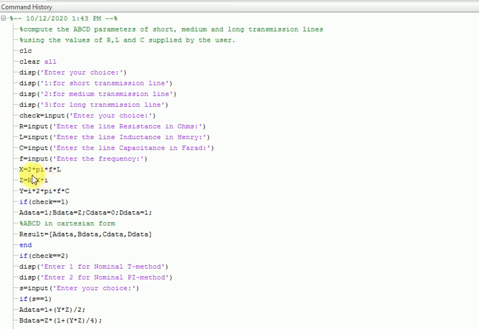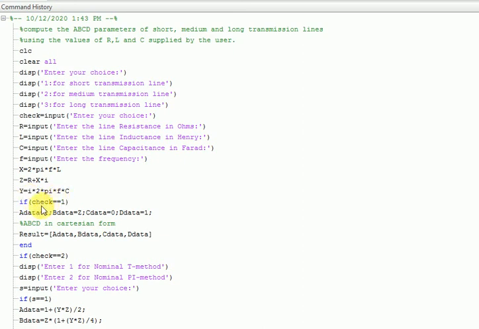For inductive reactance we have XL equal to 2 pi FL, and this is the formula for the inductive reactance, and the impedance is Z equal to R plus jX, and Y is equal to j into 2 pi into FC. This is nothing but the reciprocal of 1 upon 2 pi FC, so Y is the reciprocal, and 2 pi FC will be multiplied by j.